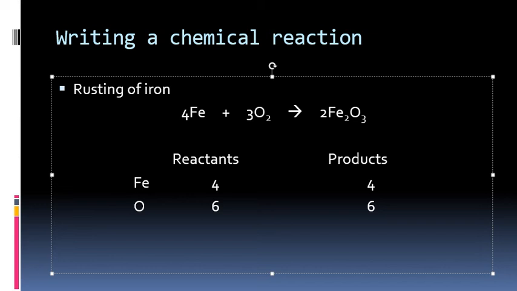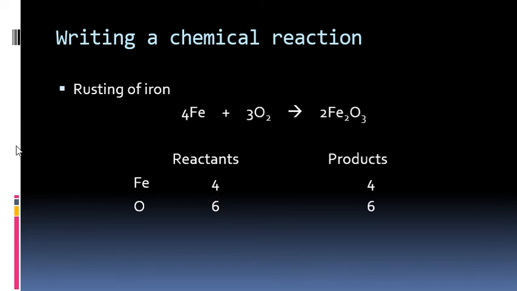And now we have a balanced chemical equation because 4 irons are accounted for on both sides of the equation, as well as 6 oxygens. Therefore, the balanced chemical equation is 4Fe plus 3O2, yielding 2 moles of Fe2O3.